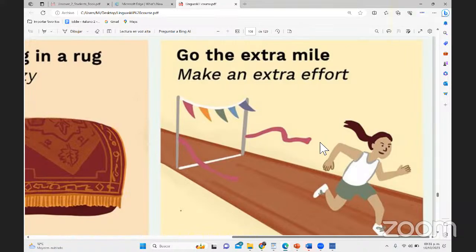When you go beyond, you give a plus, or you give added value at work, or maybe you add value to your client. Ir más allá.